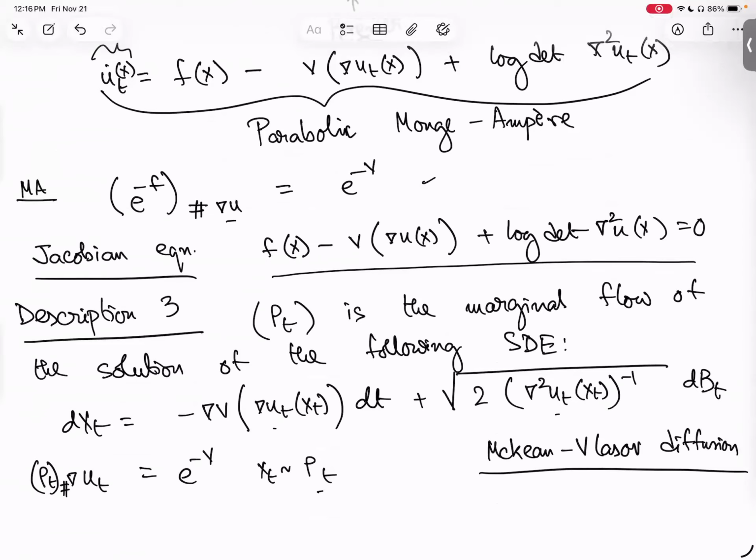If you can show that things are converging fast or slow in any of these three descriptions, that will automatically imply that Sinkhorn is either fast or slow for small temperatures for those two marginals, e to the power minus f and e to the power minus V.